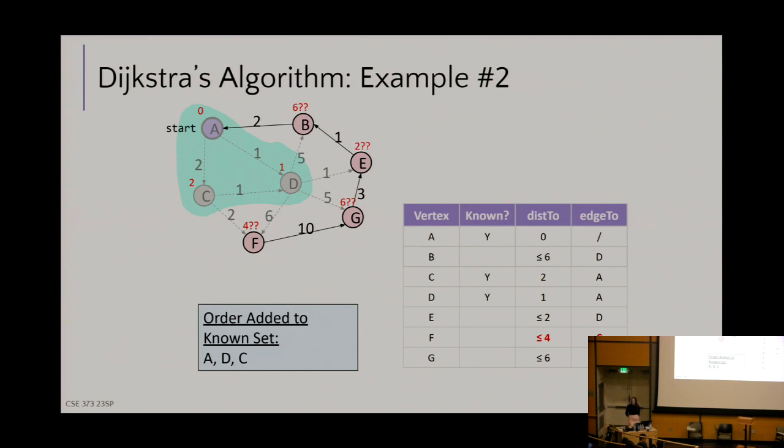See how it's red now? Instead of being a distance of 7, we found a new shorter distance to F that is 4.